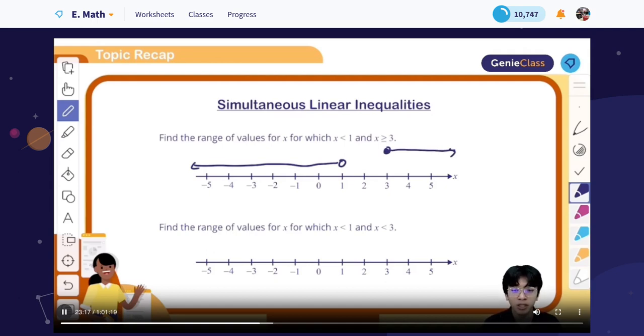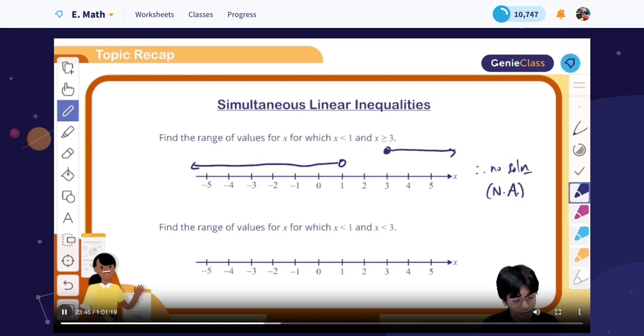What is the shared region? How would you phrase this? There's no answer, right? There is no shared region, so therefore you say no solution. Or you can just say NA, not applicable.